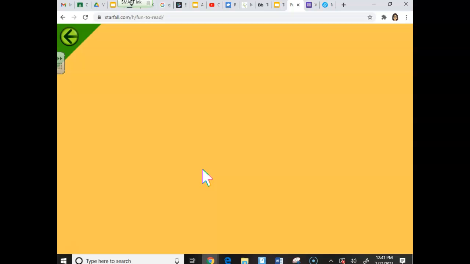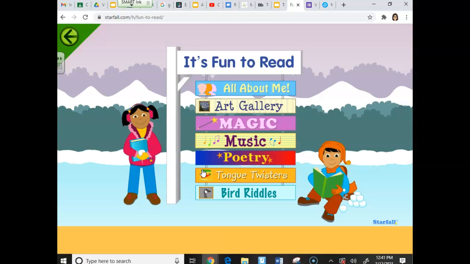All right, under Fun to Read, there is an example of an electronic menu. All right, it says it's fun to read. They have choices of what you can choose under It's Fun to Read. So all of these are things that you can do for practicing your reading skills. It's All About Me book, art gallery, magic, music, poetry, tongue twisters, and bird riddles.